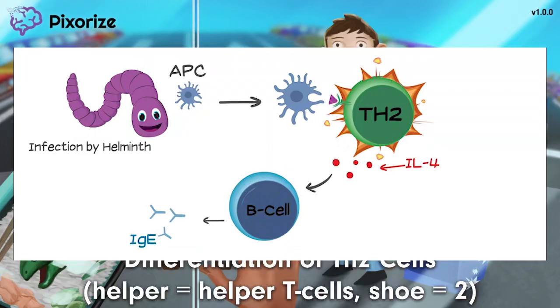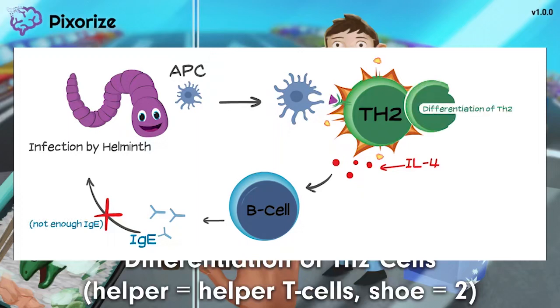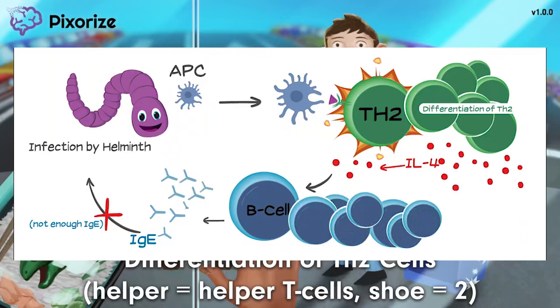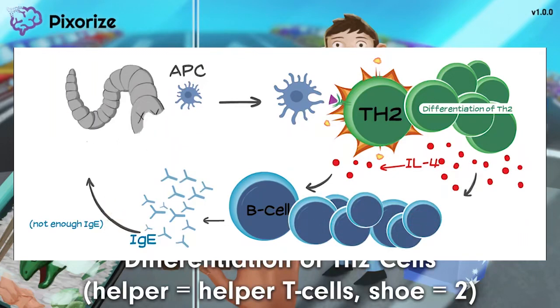Problem is, the amount of IgE produced by a few B cells is too little to deal with a full-on worm infection. This is why IL-4 also causes more T cells to become Th2 cells, which together produce a ton of IL-4. This massive amount of IL-4 causes a ton of B cells to get involved, making a lot of IgE. This large amount of IgE is then able to fight the worm infection.